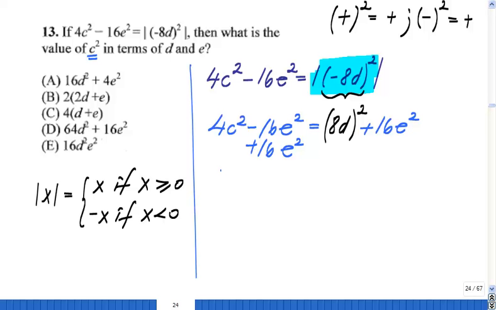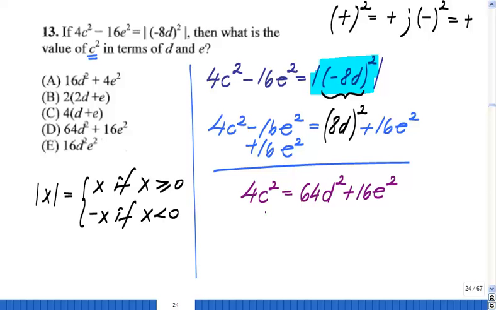And my equation will look like 4c squared equals AD everything squared, which is 8 squared, which is 64d squared, plus 16e squared.